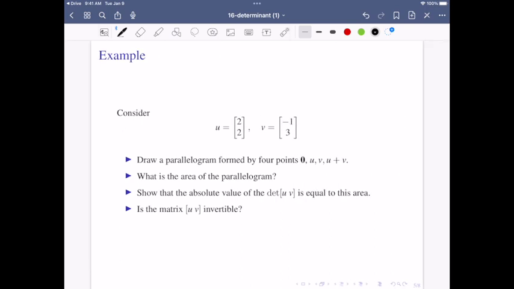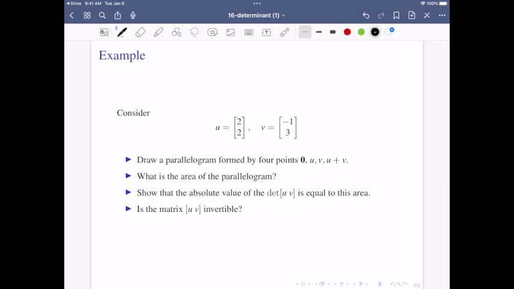We first look at one example. We have two vectors, 2 by 1 matrices: u is (2, 2) and v is (-1, 3). Draw a parallelogram formed by the 4 points 0, u, v, u plus v.